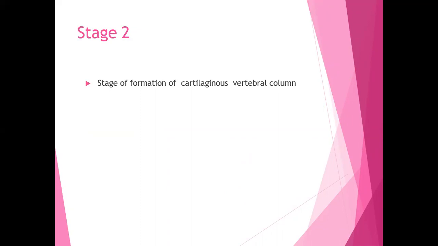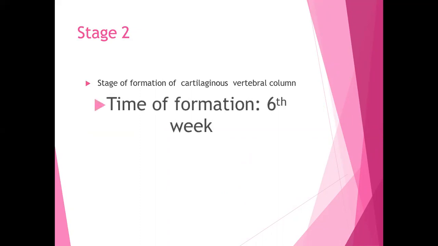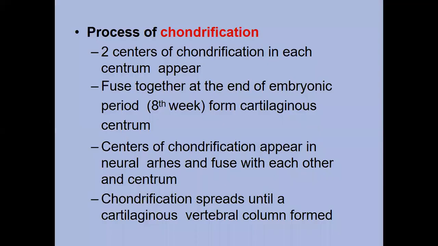Stages of formation of the cartilaginous vertebra. It happens in the 6th week of development. Two centers of chondrification in each centrum appear and fuse together at the end of the embryonic period, week 8, to form the cartilaginous centrum.